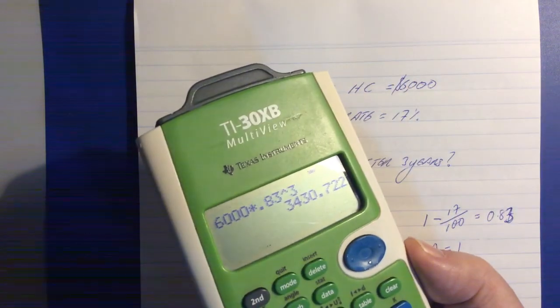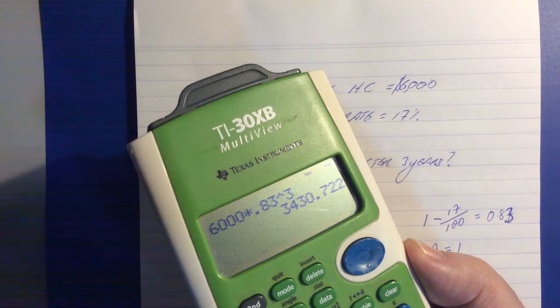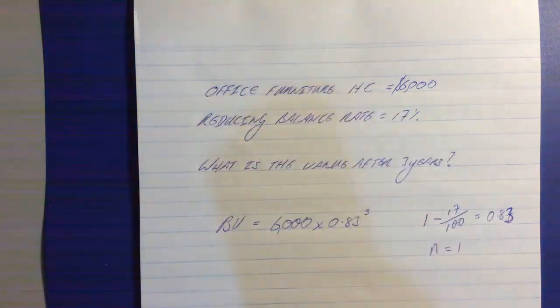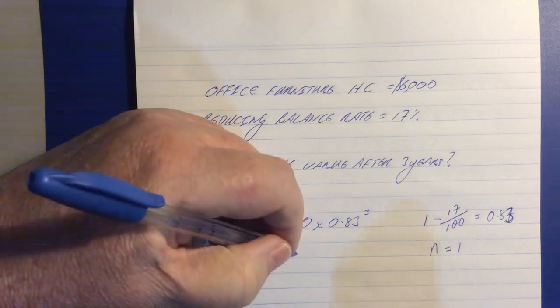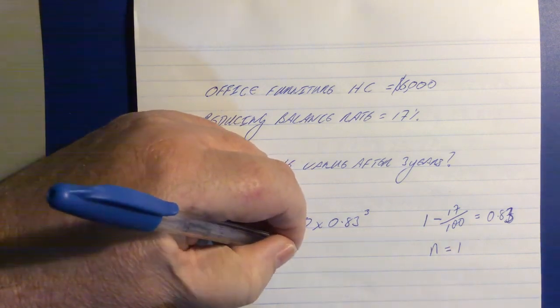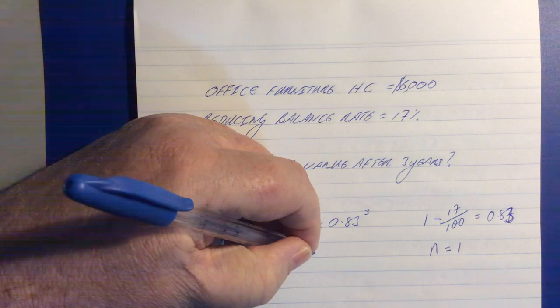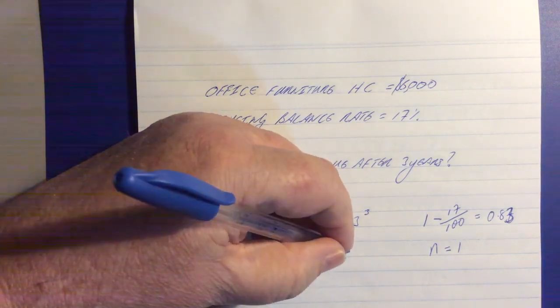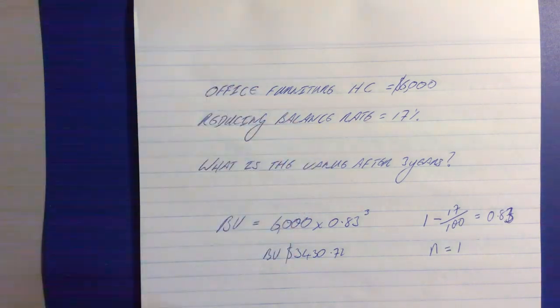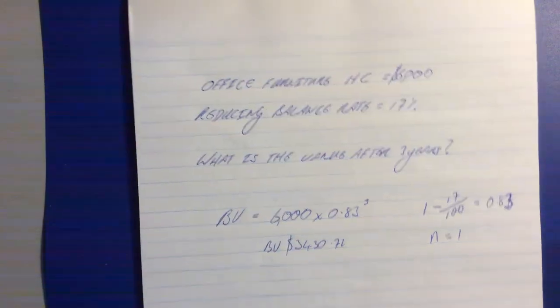I hope you can see that. $3,430.72. So the book value after 3 years is $3,430.72.